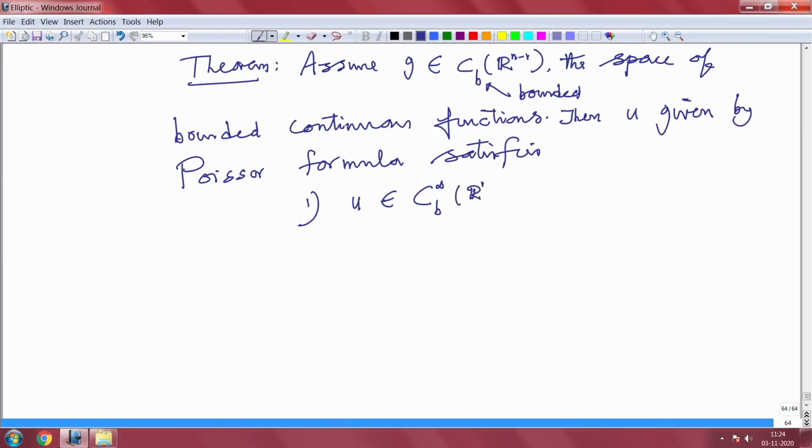Let me not do that, you can do that. Two, the Laplacian of u is equal to 0 in R^n plus. This is proved, this is done.